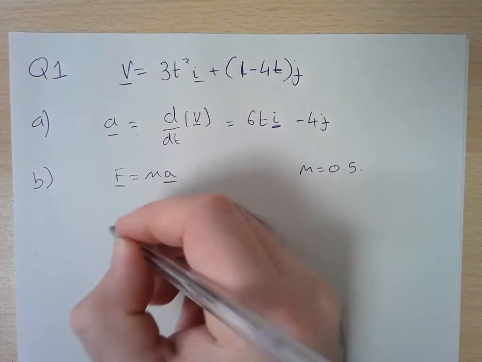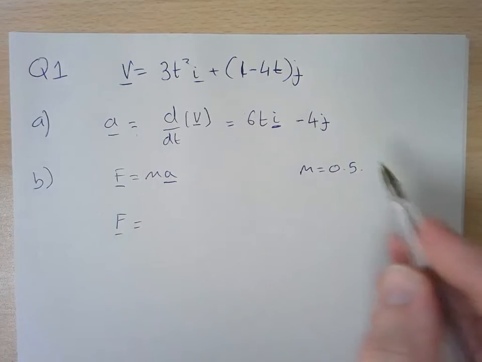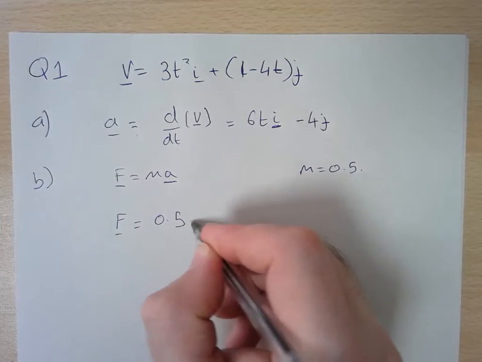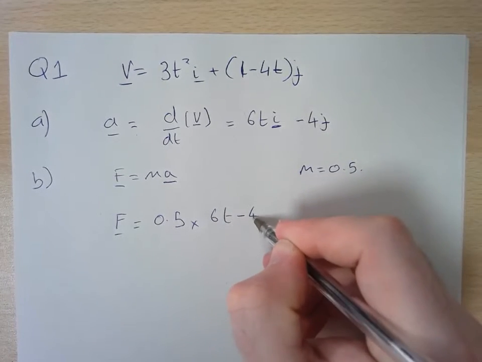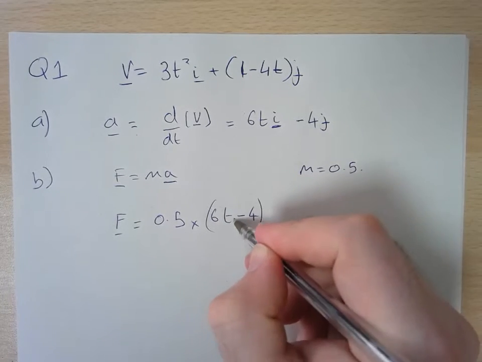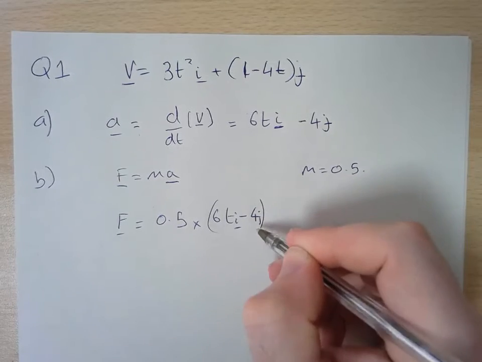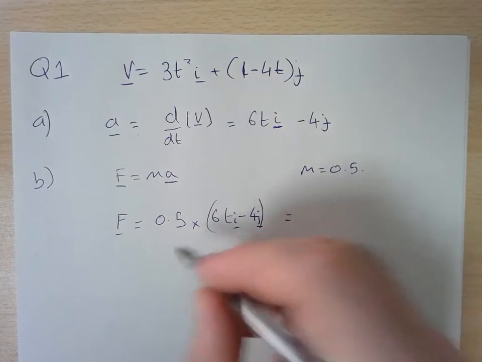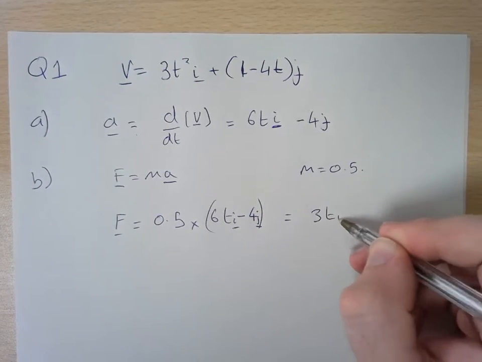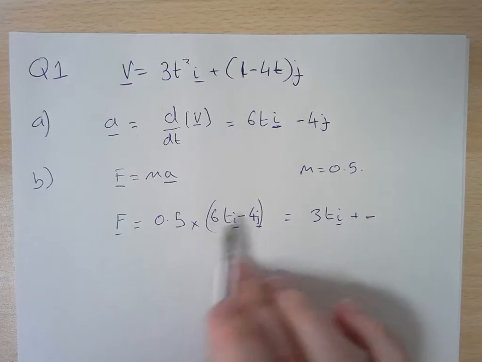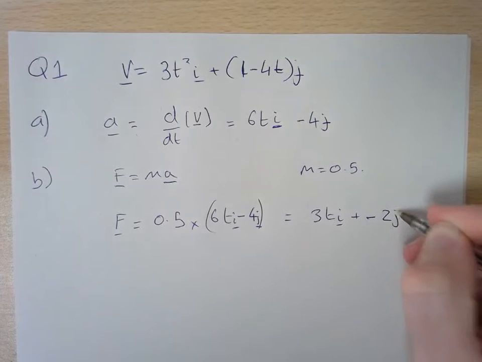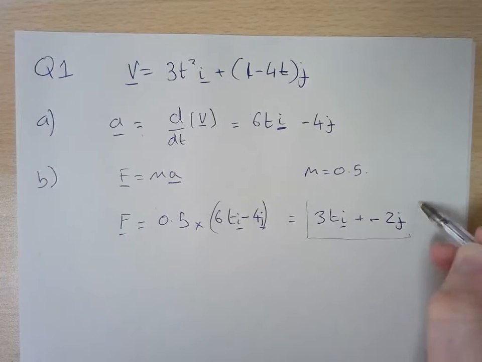Putting this in, we get F, the force, equals 0.5 times our acceleration, which is 6t i minus 4j. So putting these together, we get 3t i minus 2j here. So this here is our expression for the force.